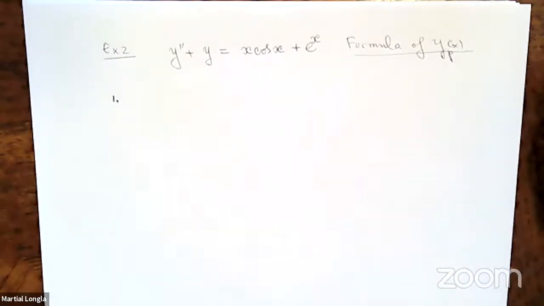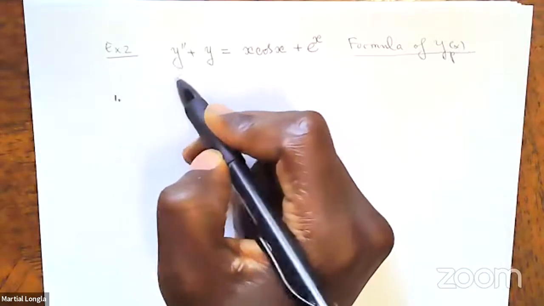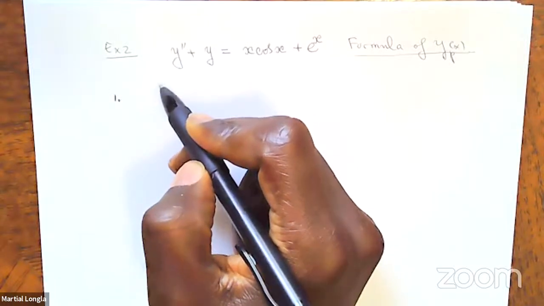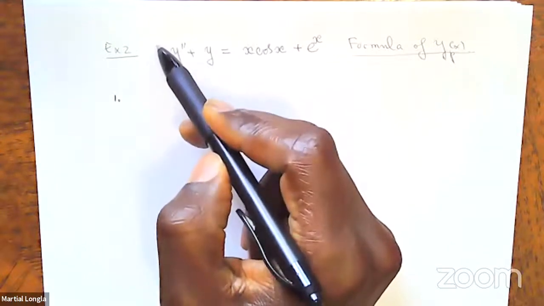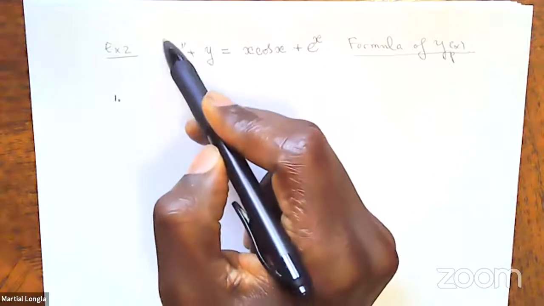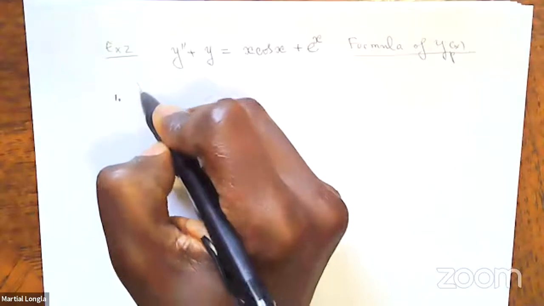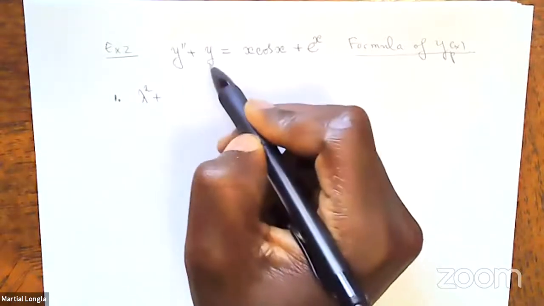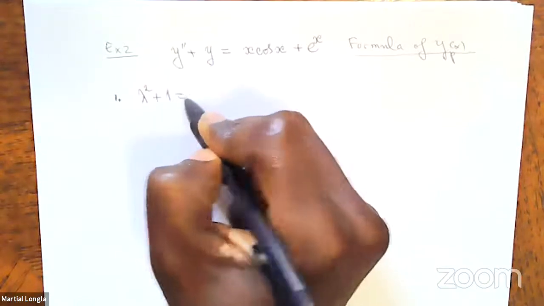Sorry about that. Is it lambda squared minus 2 lambda equals 0? To what? What did you say? The Euler equation. Oh, wait. I'm sorry. I was looking at the wrong one. Lambda squared plus 1 equals 0.